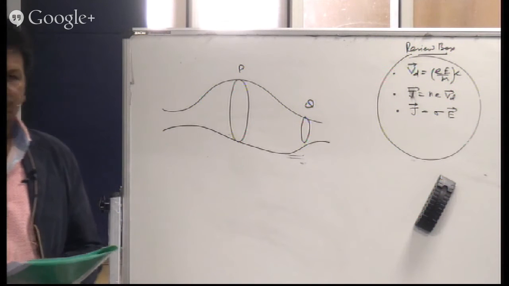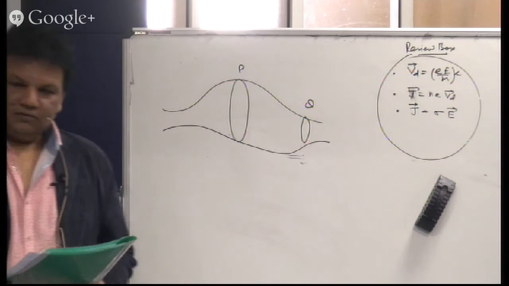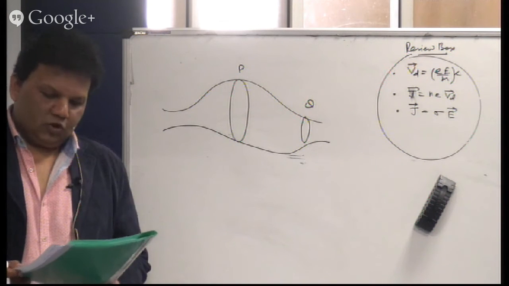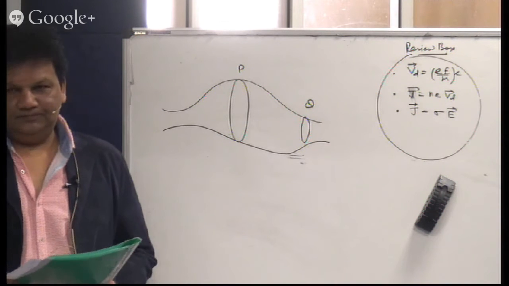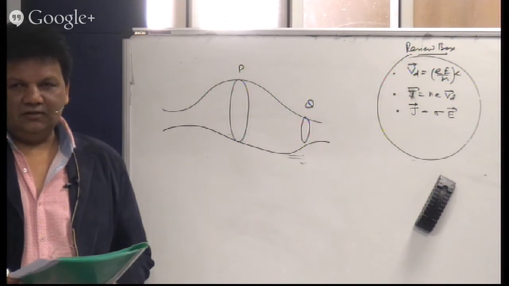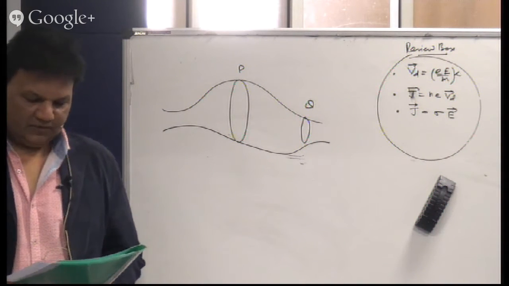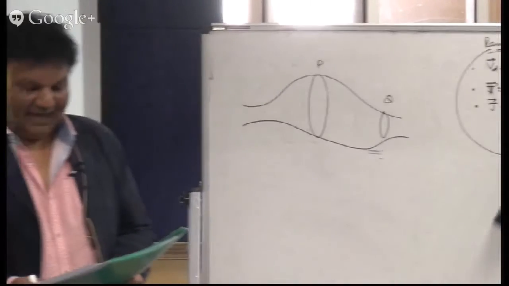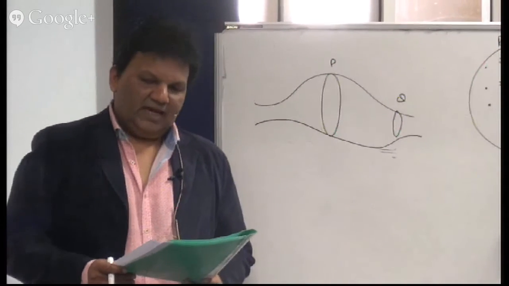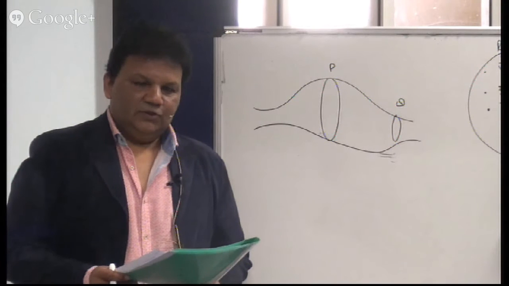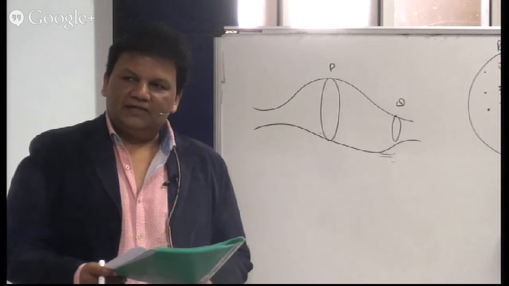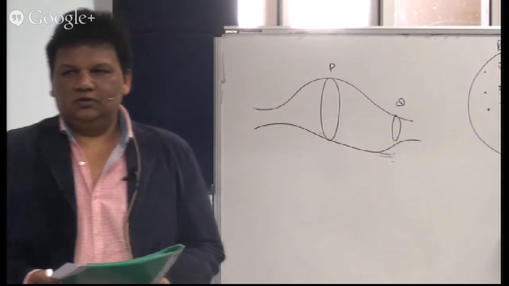The question number two is, the rate of electrons crossing per unit area, time नहीं रखते, area रखते हैं पहले, per unit area at P versus at Q, which is greater and why.